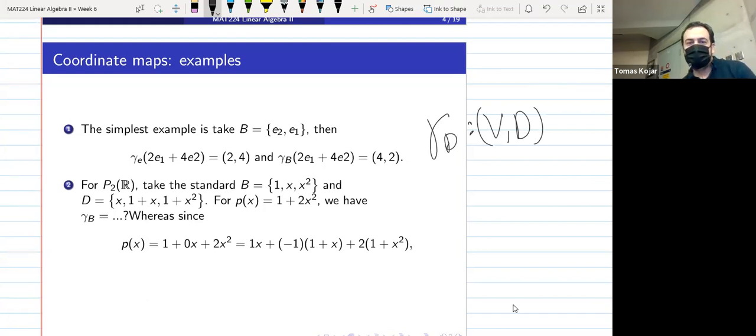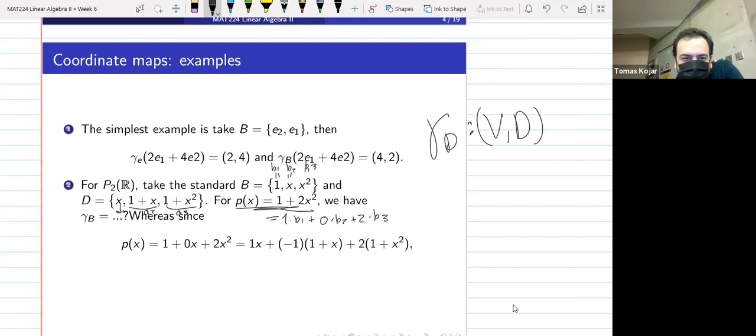So this guy here is in the form of b1, b2, b3. So this is 1b1, 0b2, and 2b3. You need to write it in d1, d2, d3. That's how you can then put it in gamma d.